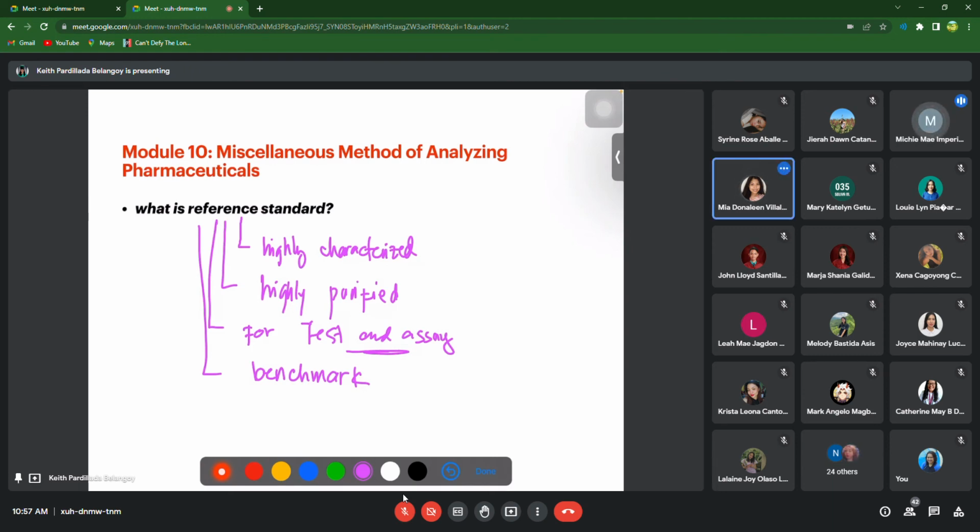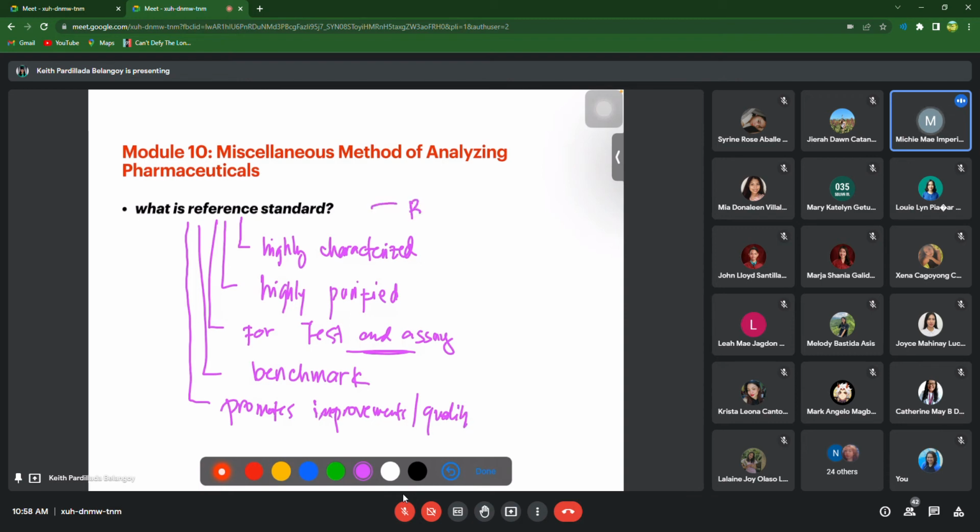I'll add the importance of reference standards: they promote improvement of pharmaceutical products, ensure the maintenance of high quality products across countries, and serve as a quick reference for drugs, medicinal products, raw materials, and manufacturing procedures.